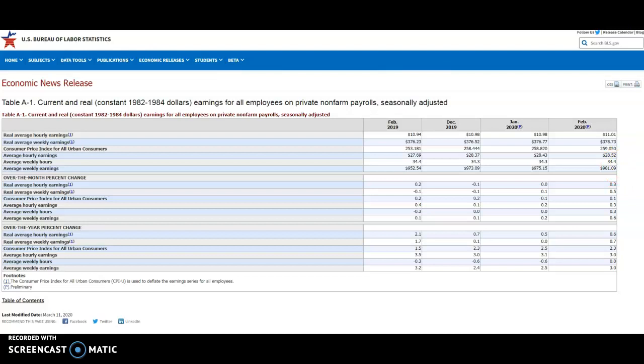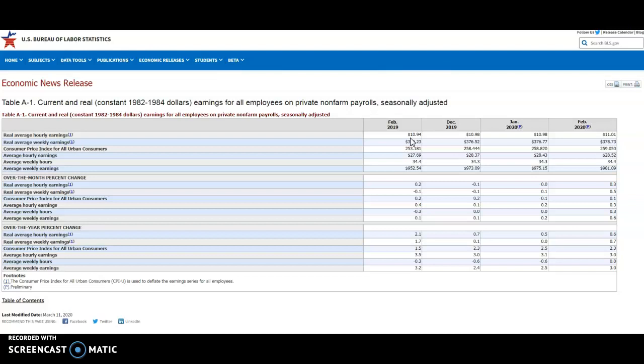Believe it or not, you could be getting a raise every year, and if prices are going up faster than that, you're actually getting less purchasing power. You're worse off over time. That's why we use real wages to determine what's actually happening to the worker in terms of purchasing power.